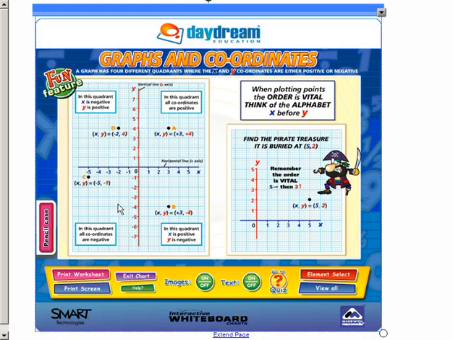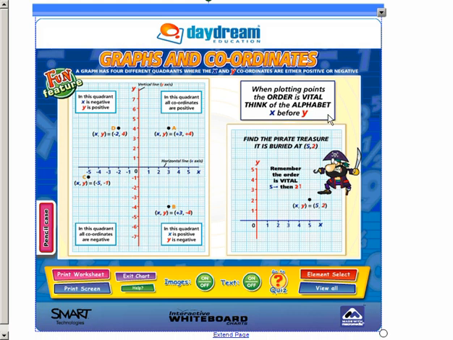In this part of the grid, both the x and y coordinates are negative. And in our fourth area, the x coordinate is positive and the y is negative. So here are our four parts of our coordinate grid.